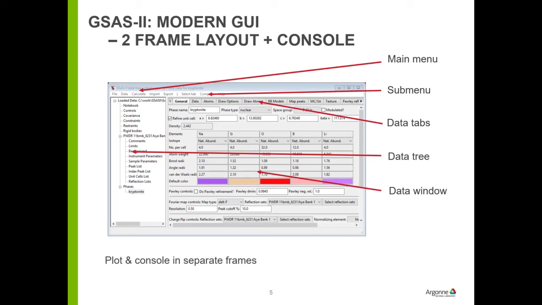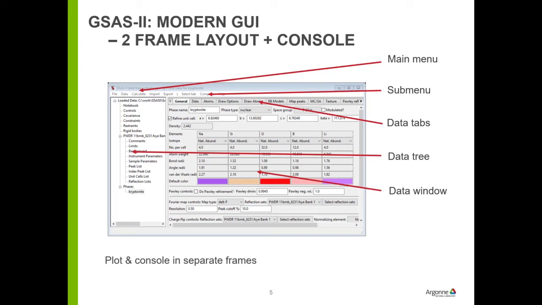This is associated with whatever you've selected out of the tree, and it will change completely depending on what they are. So if you want to look at the limits, you have to be in the limits tab in order to be able to see the limits on the powder pattern, for example. You won't find them anywhere else particularly.